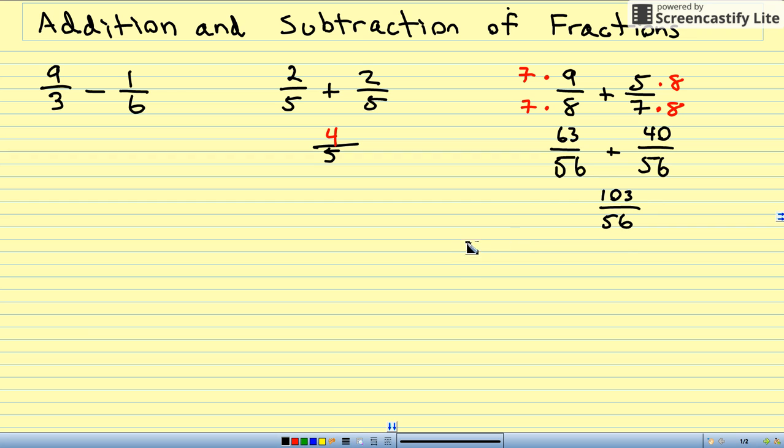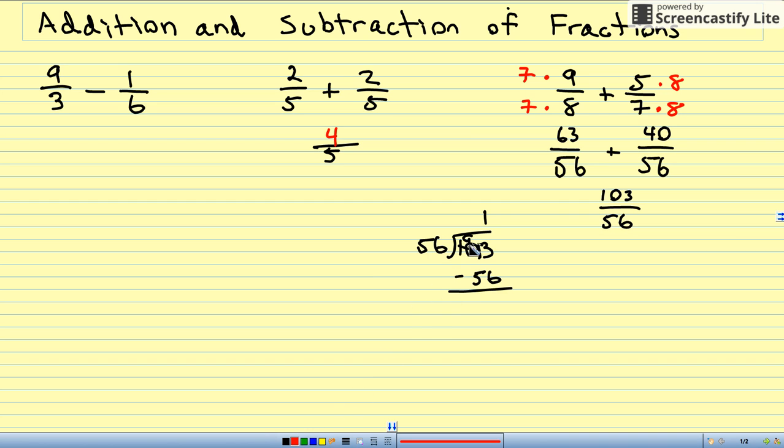And now what I'm going to do is simplify, like I told you. Easy way to simplify, just divide 103 by 56. So how many times does 56 go into 103? Well, it goes once. 1 times 56 is 56, and now I'm going to subtract it. Got to borrow. So that becomes a 13. This becomes a 9.